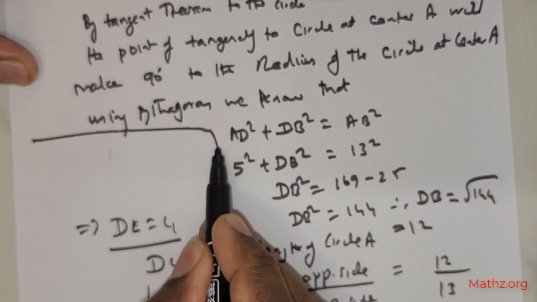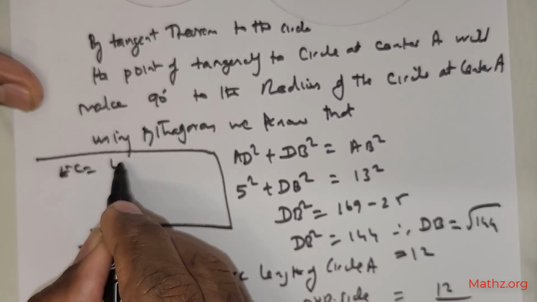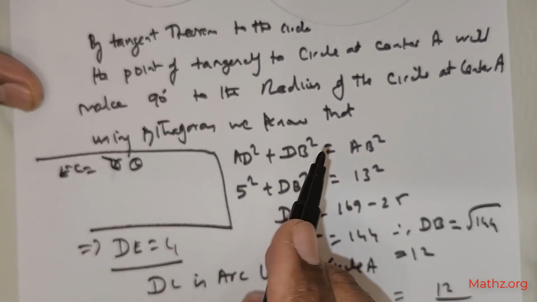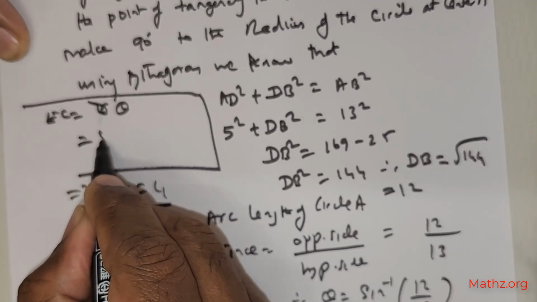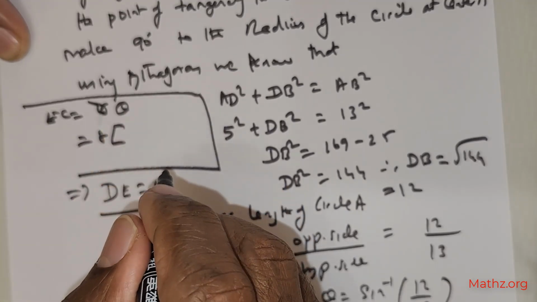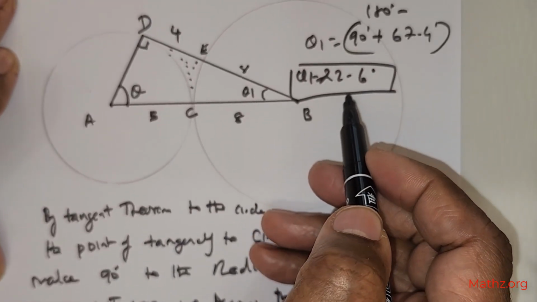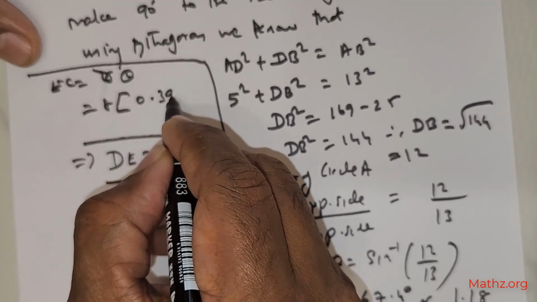So let me utilize this space here. EC is R times theta, right? But we cannot use degrees here. So 8 has to be multiplied with the radian measure. 22.6 degrees in radian equivalent is 0.395.